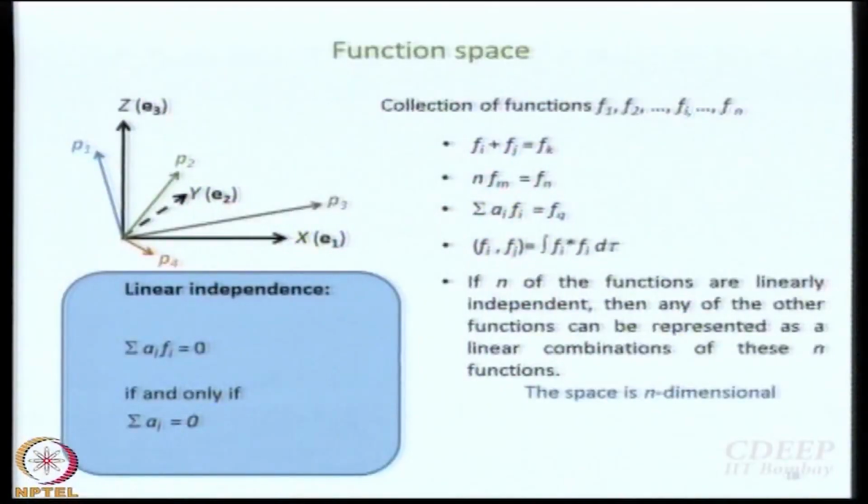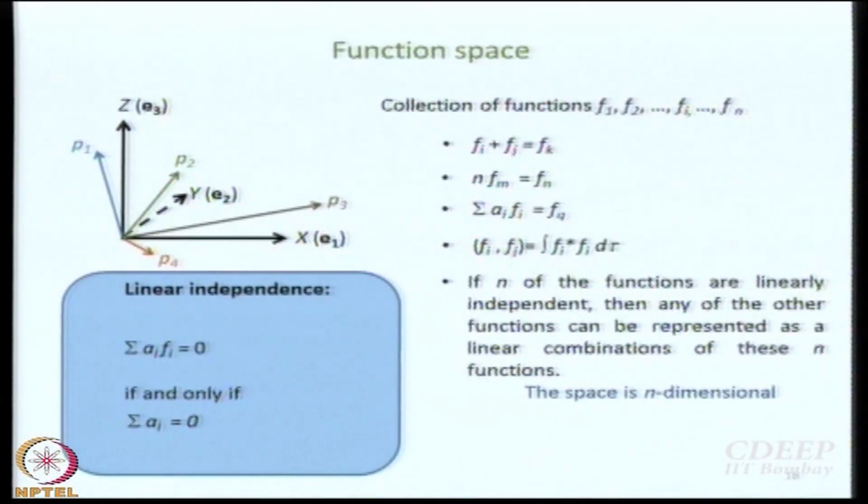If n of the functions are linearly independent, in real space we have 3 functions that are linearly independent, then any of the other functions can be represented as a linear combination of these n functions. In other words, we say that this space is n dimensional, the space here is 3 dimensional.